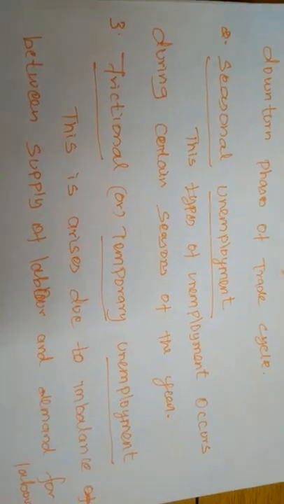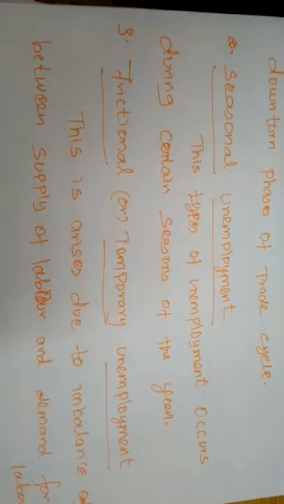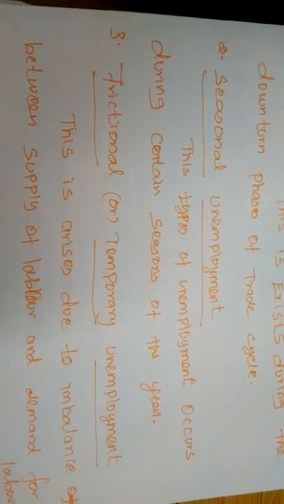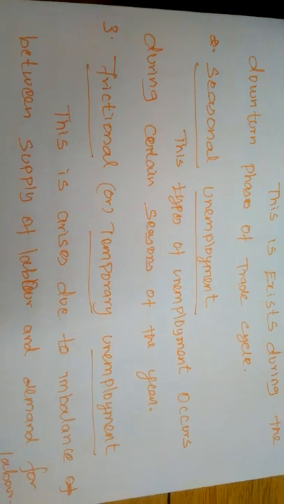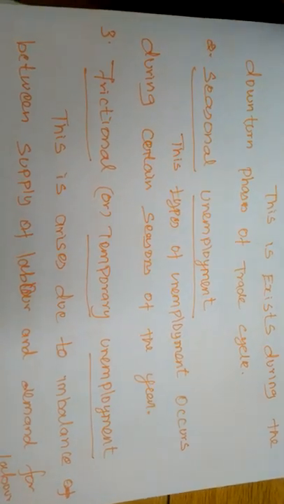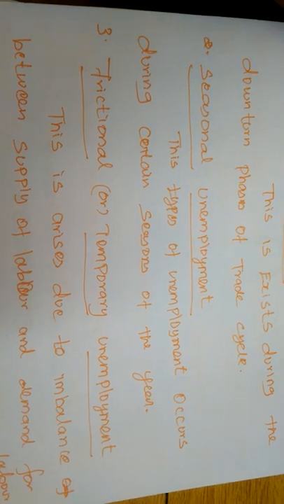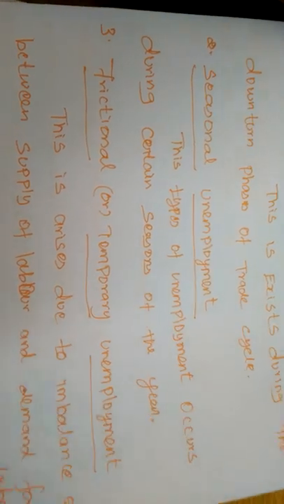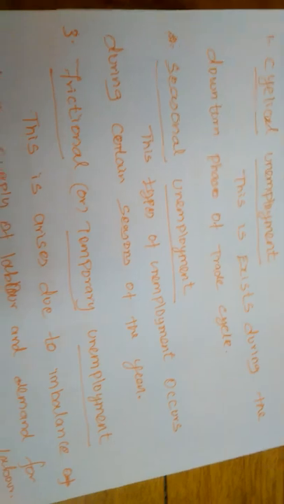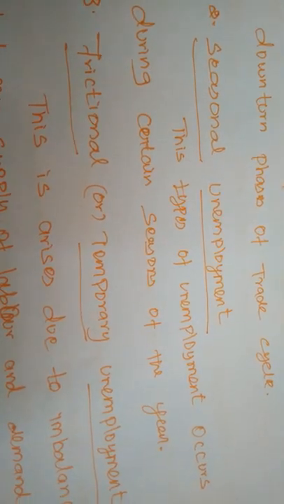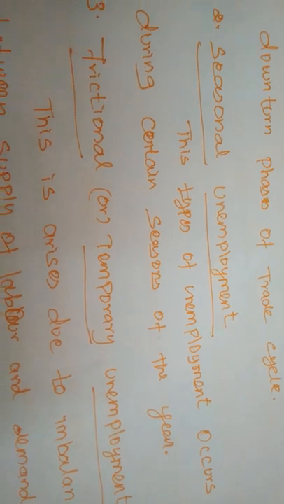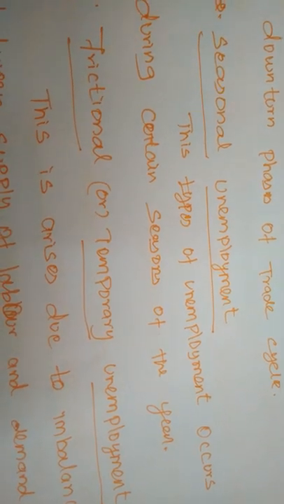Next, seasonal unemployment. This type of unemployment occurs during certain seasons of the year. In agriculture and agro-based industries like sugar production, activities are carried out only in some seasons. So seasonal unemployment arises in a particular area, a particular sector. Normally, in the agricultural sector the seasonal unemployment will be created.